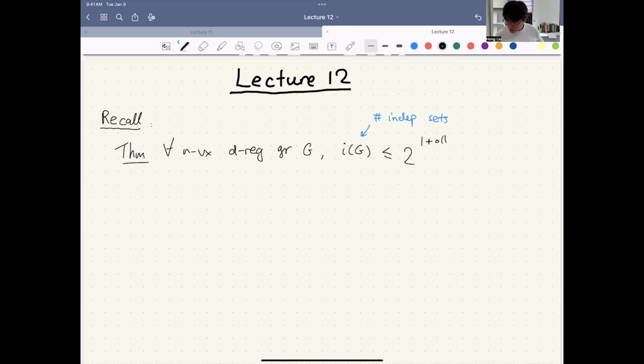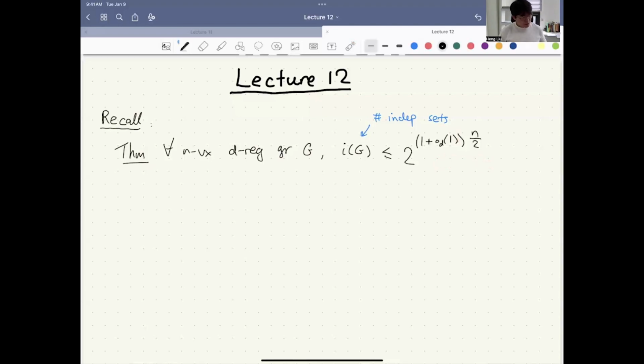I just write the easier version without specifying the little o(1) term. The little o(1) term goes to 0 polynomially in D. We proved it before. What's more important is the leading term is n over 2 when D is sufficiently large. So this term goes to 0 as D goes to infinity.